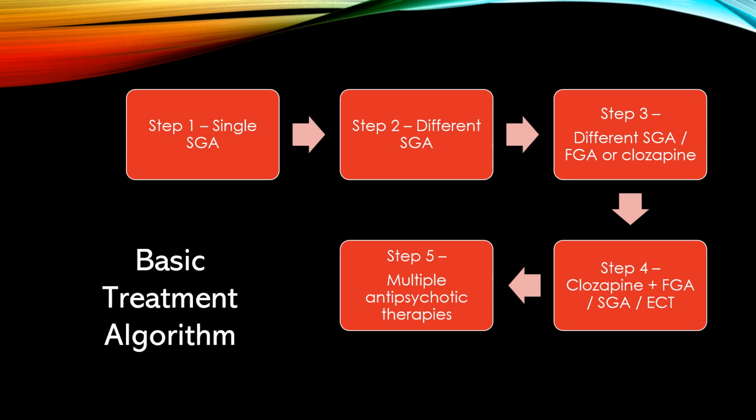We always try to avoid multiple antipsychotics in patients. However, sometimes there is no getting around that. You may need to do that, but I would always consult with someone, and you want to document why a patient is on multiple antipsychotics at every visit.